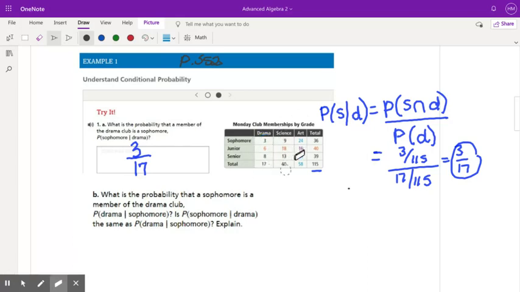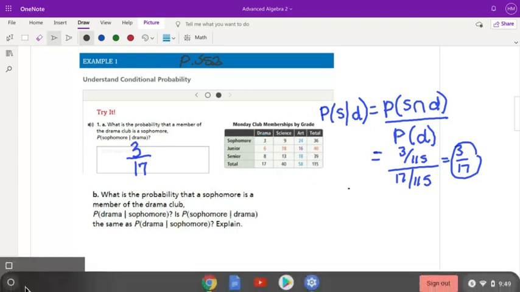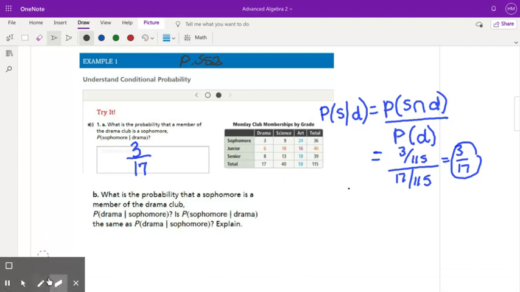All right, part B is asking, what is the probability that a sophomore is a member of the drama club? It sounds like the same question, but look at the order. This time I'm finding the probability that a sophomore is a member of the drama club. So out of all the sophomores, what's the probability that you have a sophomore that's in drama club?